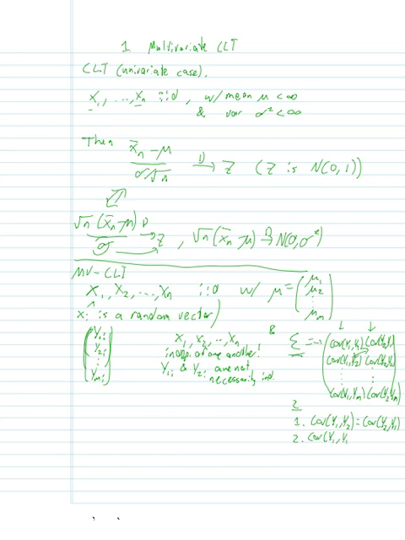And two properties of covariance that make this covariance matrix more useful are: one, covariance of y1, y2 is equal to covariance of y2, y1, so this matrix is going to be symmetric about the diagonal.